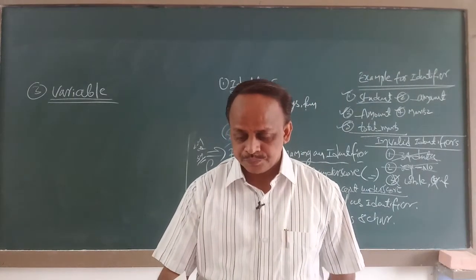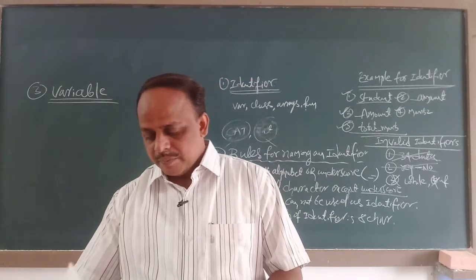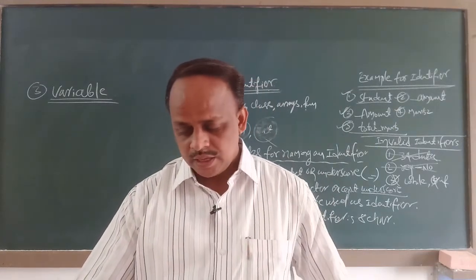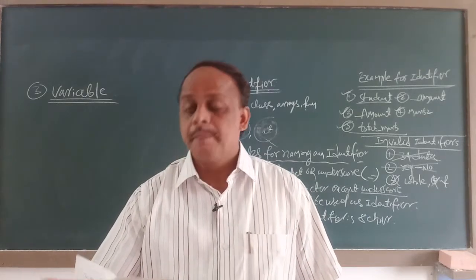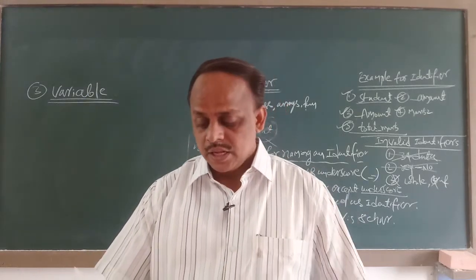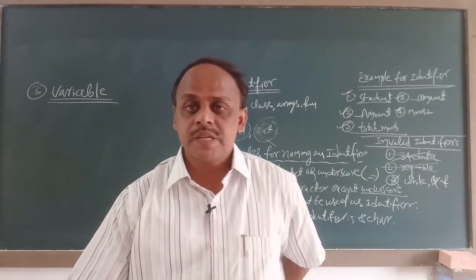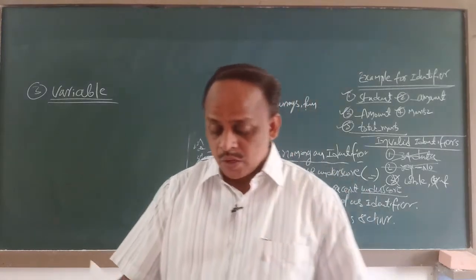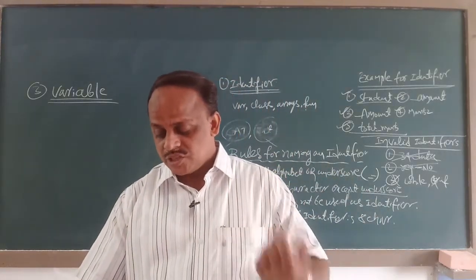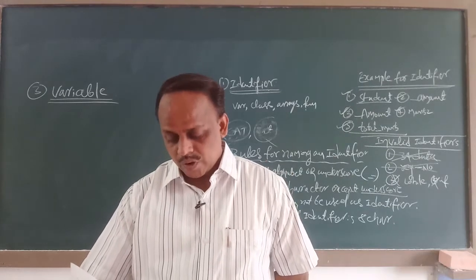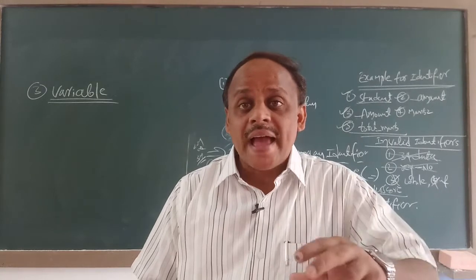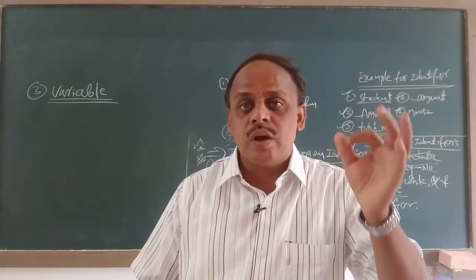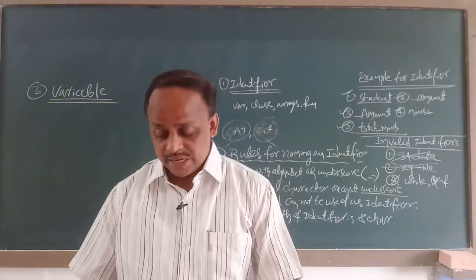A variable is one of the C++ tokens whose value can change during execution of a program, right? When the program is executed, its value is going to change. So such quantities are called variables.